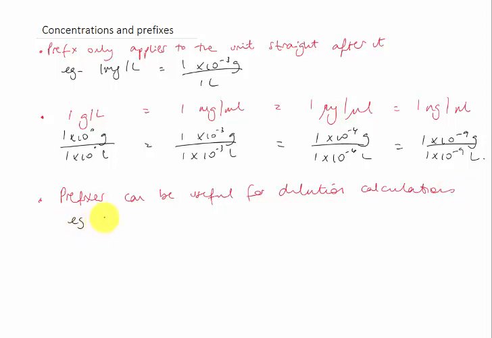So for example, if you're diluting a 1 milligram per milliliter solution 1,000 times, that gives you 1 microgram per milliliter. So the volume stays the same, but our mass gets 1,000 times smaller.